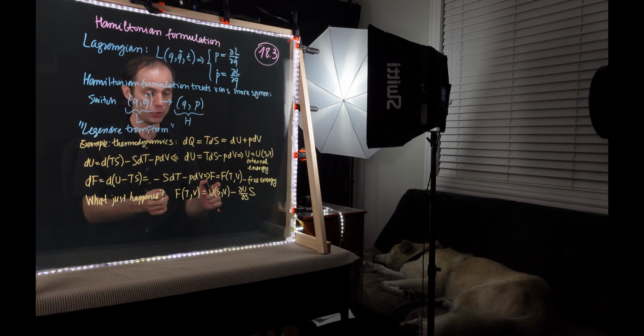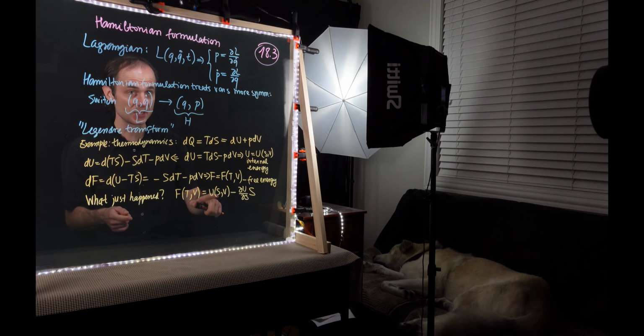We have switched from the thermodynamic function U, that was a function of S and V variables, to function F, the free energy, which is a function of T and V variables. So we have traded entropy for temperature. And we've done that by subtracting TS from the internal energy.